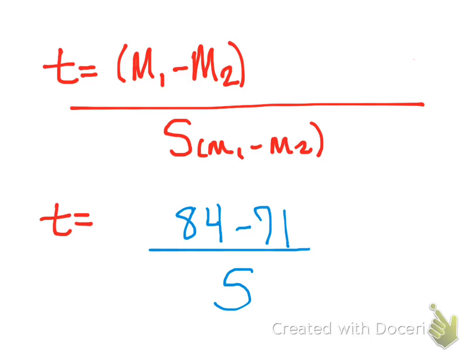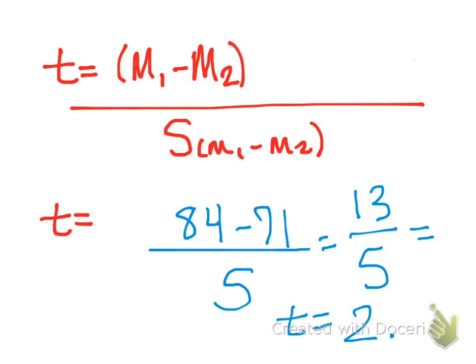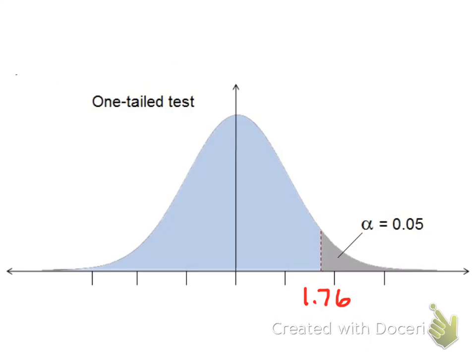Excellent. Let's make a little more space over here. Good, so we end up with this, then we just divide, and we end up with our t statistic coming out to 2.6. Awesome. Okay, now all we have to do is compare that to the critical value we got earlier.